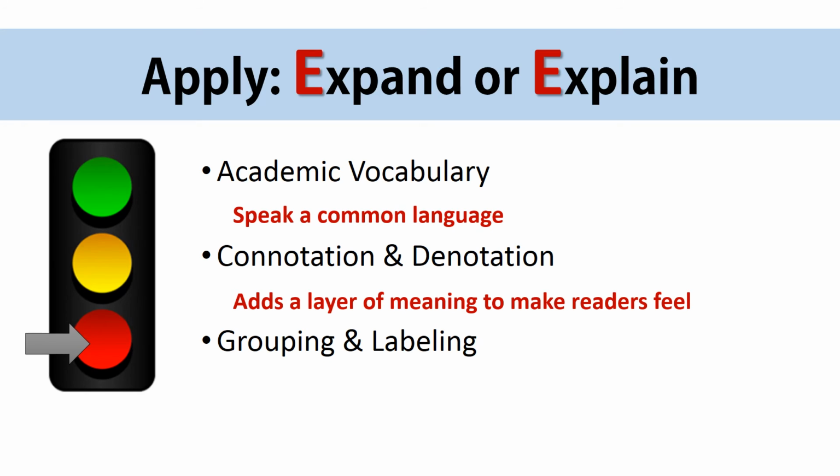And then finally, in grouping and labeling, it gives us a bigger variety of word choices when we look at synonyms and words that have similar meaning. So we can take our three main points where we slowed down to answer the question, and we can expand them a little bit by explaining what each one of them does to support the topic.